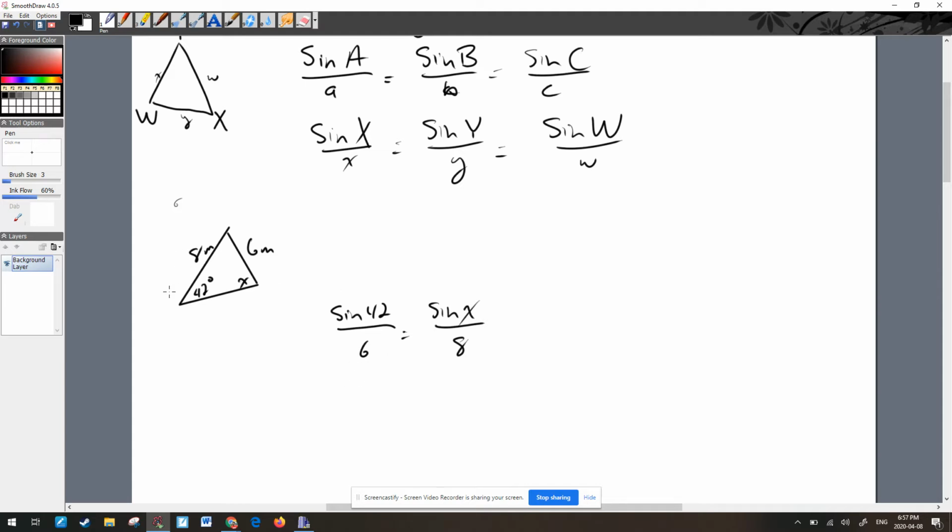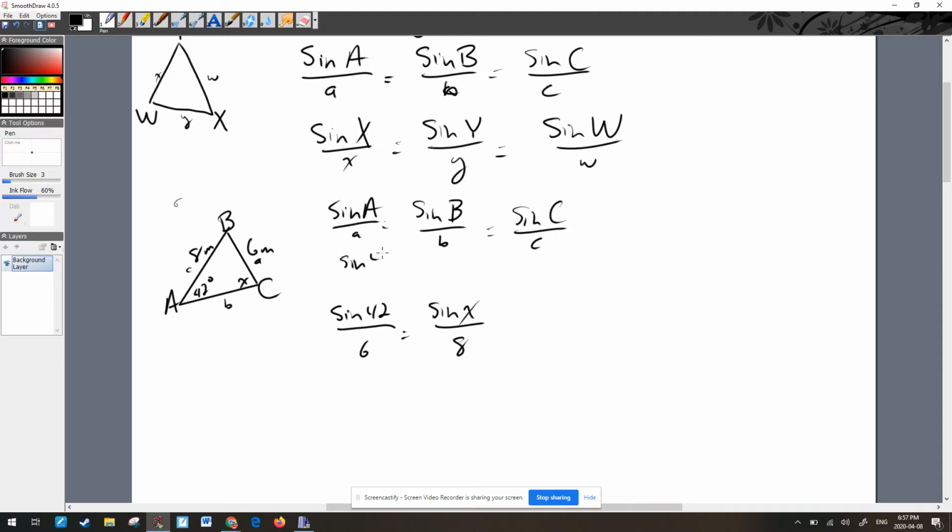But until you get comfortable with that, you can just label off the vertices. So just by default, A, B, C, which means this is little a, this is little b, this is little c. So it's going to be the sine of A over A equals the sine of B over B equals the sine of C over C, and then fill things in.